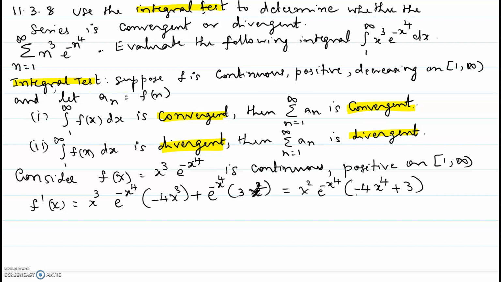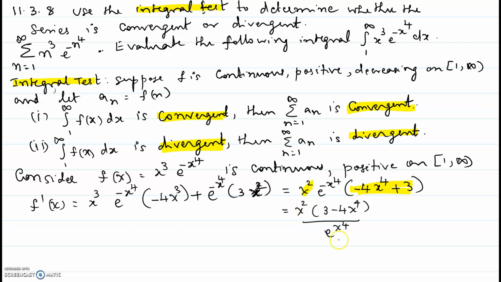So we can write this as x squared times 3 minus 4x to the power 4, grouping these terms. And then we have e to the negative x to the power 4, which, because of the negative exponent, can be written as e to the power of x to the power 4 in the denominator.